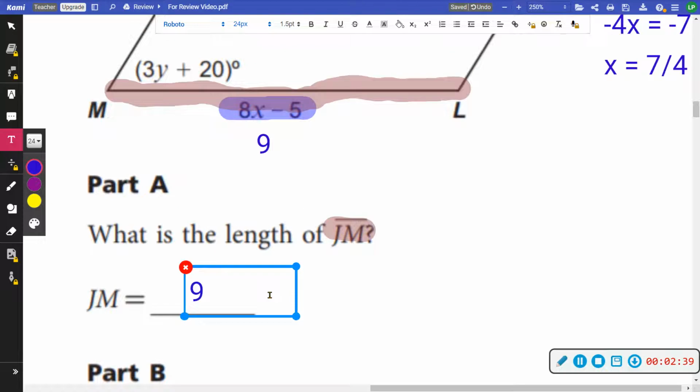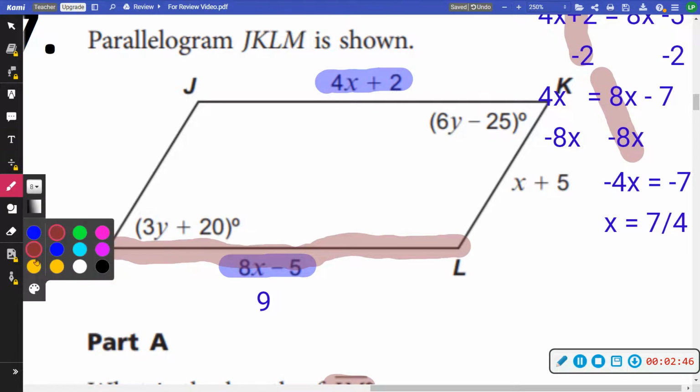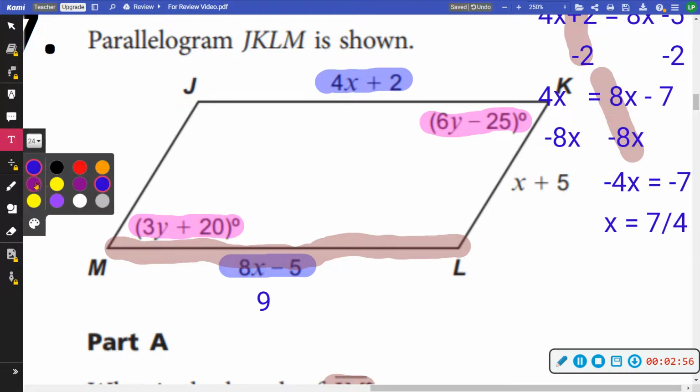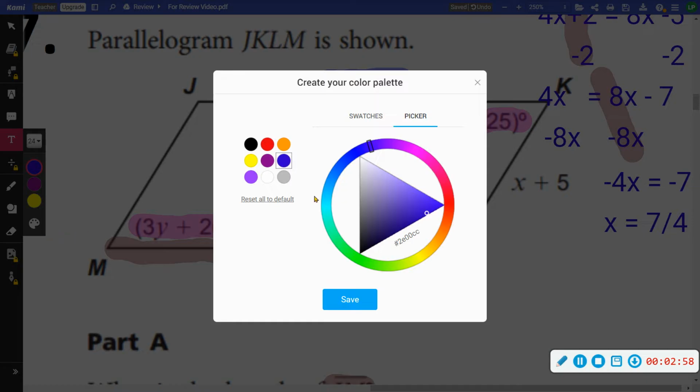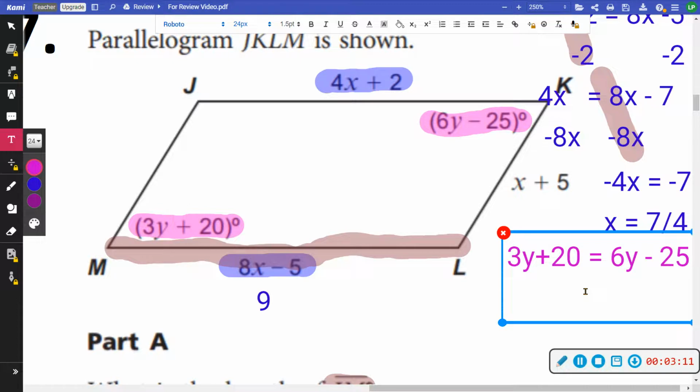Now what is the measure of angle L? Well, I don't know any angles, but I do have an expression here. The expression says 3y plus 20, and we know that these two, because it's a parallelogram, are congruent. So I set those equal. 3y plus 20 equals 6y minus 25. Let's see. Take away 6y from both sides.